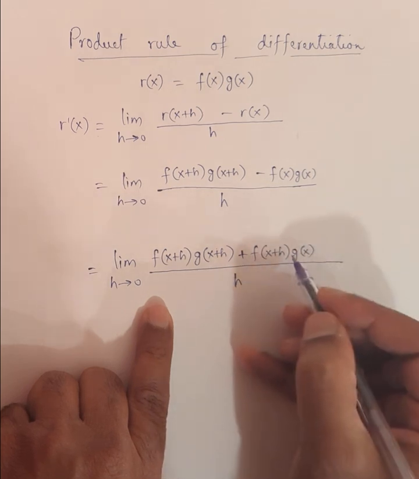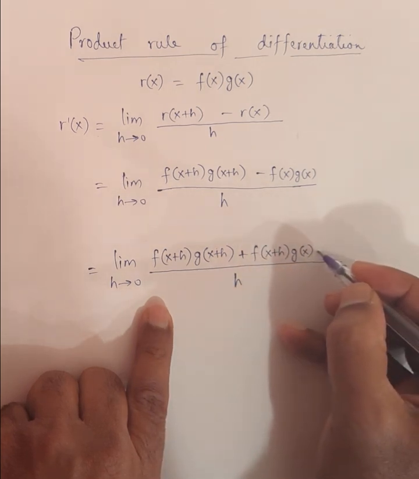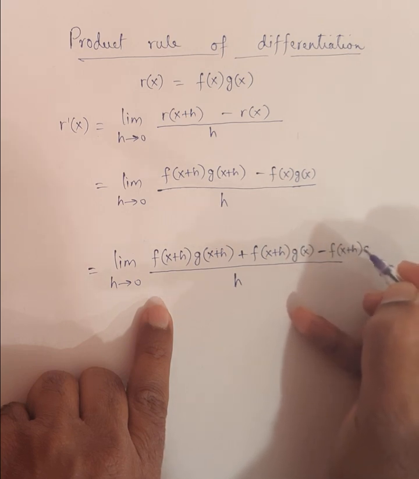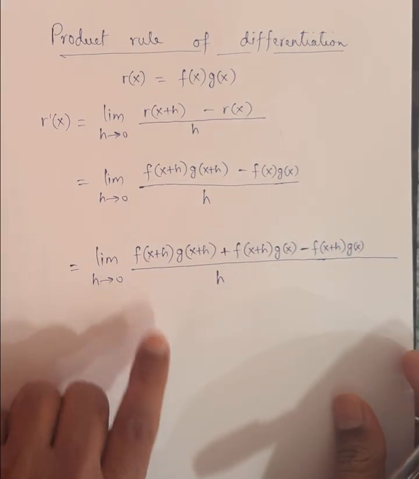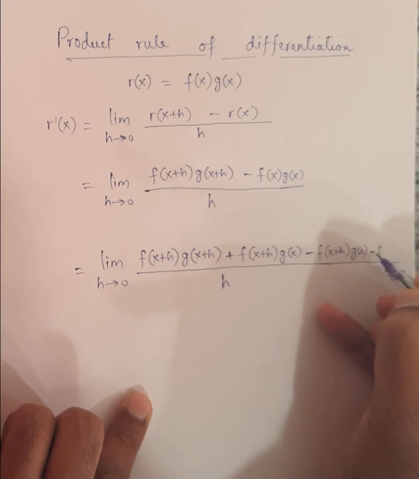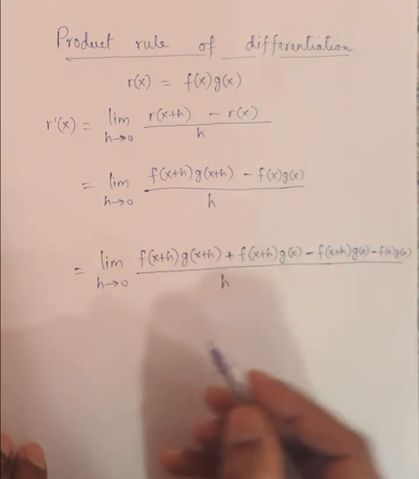So this is the term that I added, so I'm going to subtract that: minus f of x plus h, g of x. And then finally, I have this minus f of x, g of x.